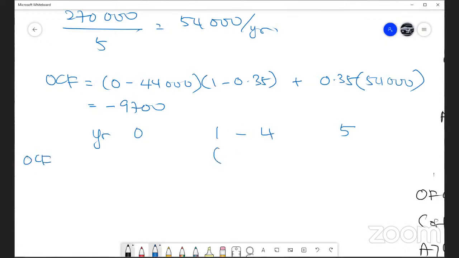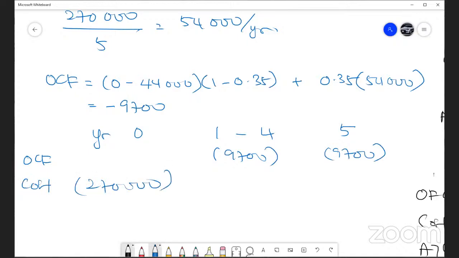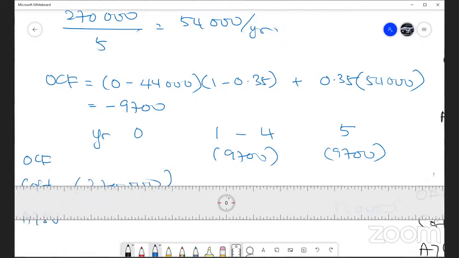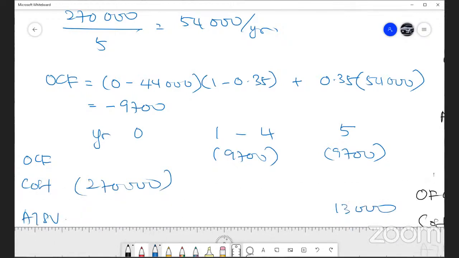OCF negative means I put a bracket here, 9,700. Your cost, $270,000. Okay, ATSV is the same thing. Final year getting back 13,000. Both sharing same ATSV.